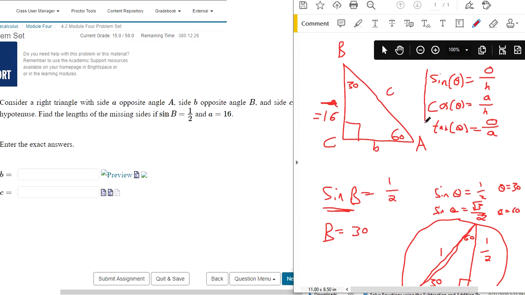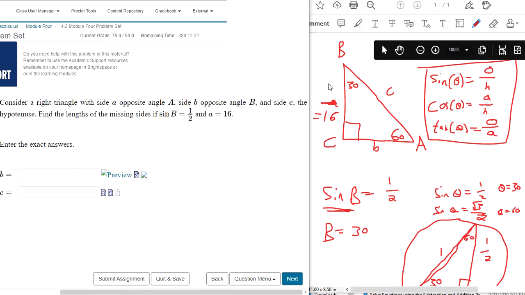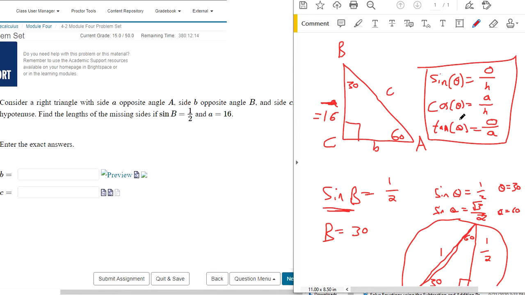Question 7 kind of assumes that you've already dealt with sine, cosine, tangent, that you know these definitions. If you don't, we can talk about an extra video to supplement that. But we need to use one of these trig functions to help us find a missing side.